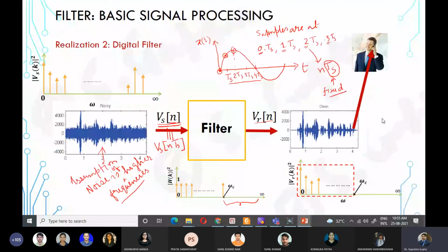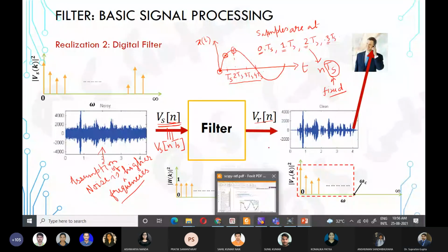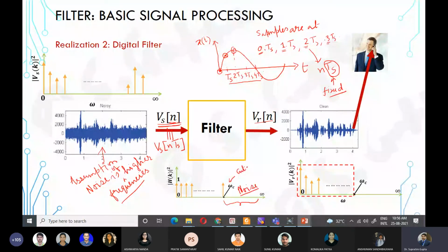What we can do is set some cutoff frequency, below which is our signal domain, and above which is the noise domain.